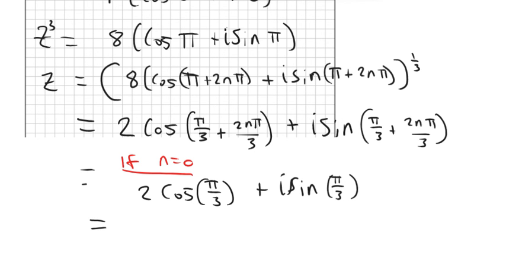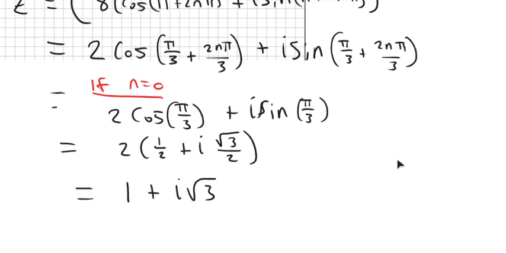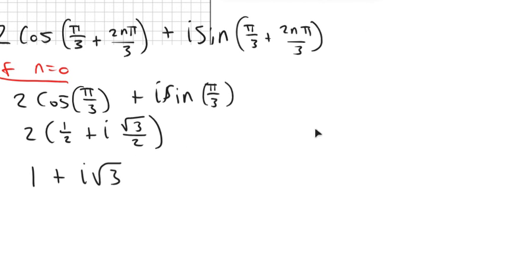And that's going to be 2 times a half plus I root 3 over 2. So we get 1 plus I root 3. Right, so that's what our first answer will be.